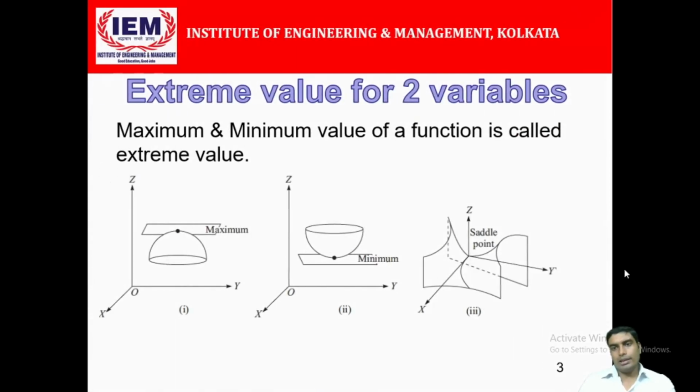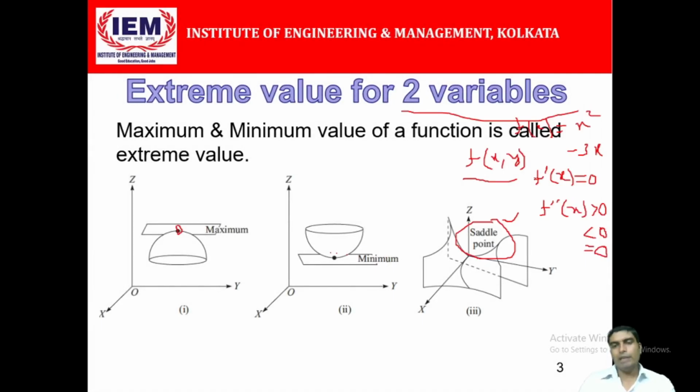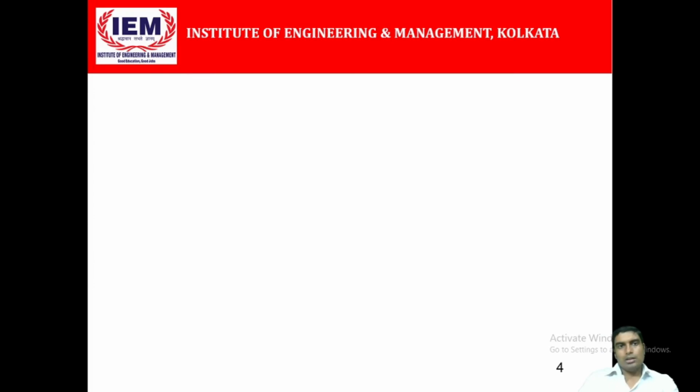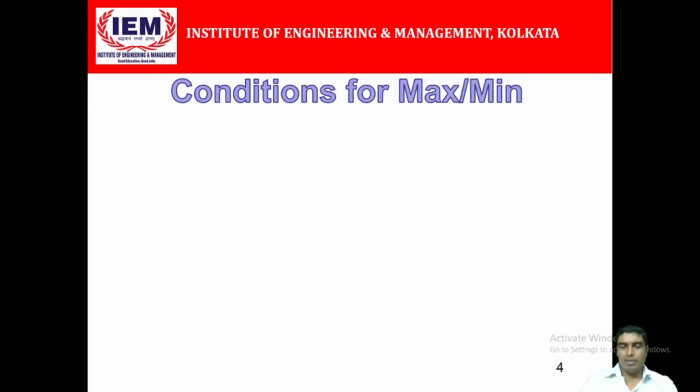Okay, so now how do we find it? For a single variable, you know how to find the extreme value, the maximum or minimum value. Now if you have two variables, how do you find the maximum or minimum value? So the condition for the extreme value, let's say the necessary condition.